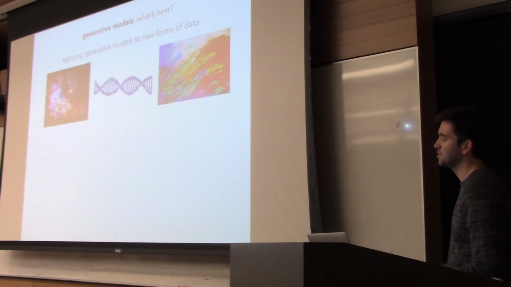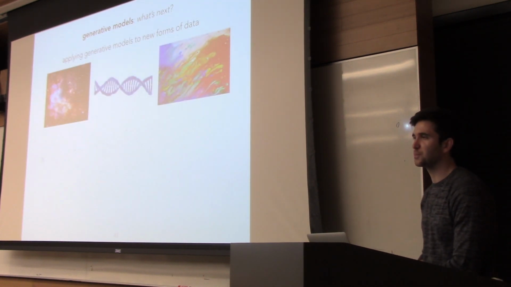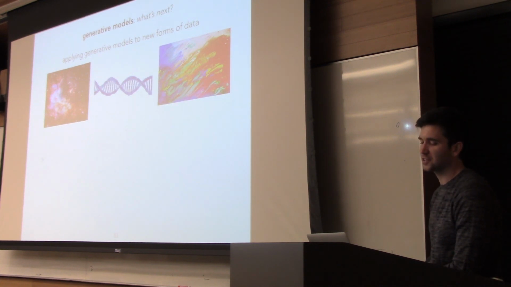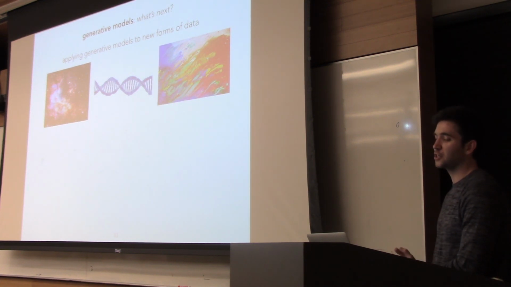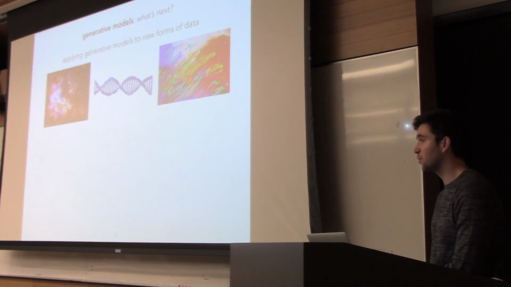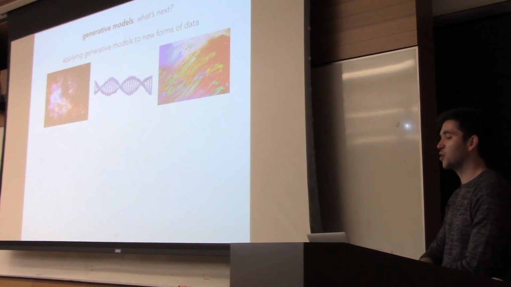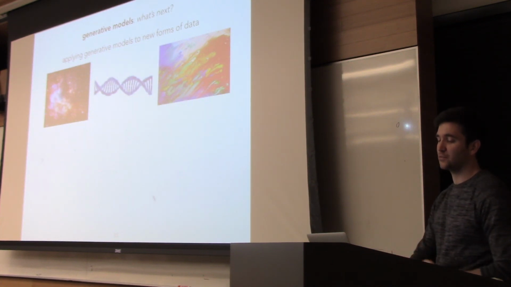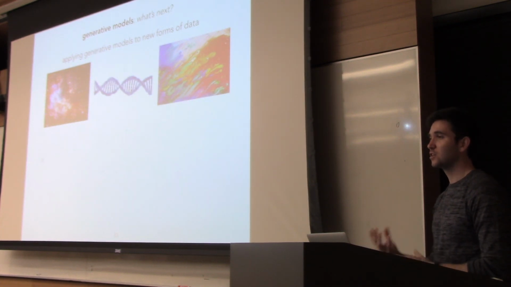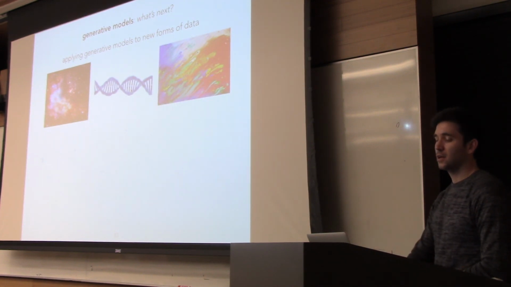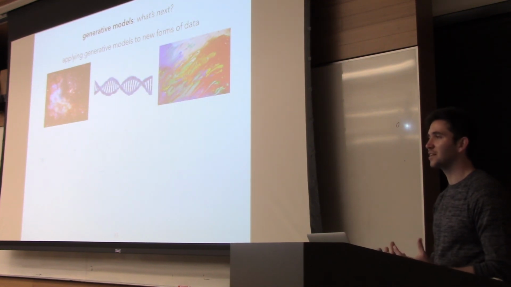So what is next for generative models? This is by no means a comprehensive list, but some things that I think are very interesting and exciting: you can apply generative models to new forms of data. So far, it's really just been simple image data sets, very simple speech data sets, and text. But it remains to be seen how we scale these models to much larger domains, for instance DNA, where we'd like to generate plausible combinations of DNA, or astronomy data, and capture some of the complexity that's inherent in that.